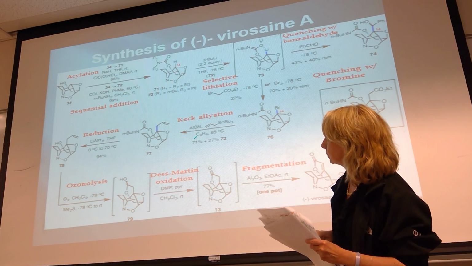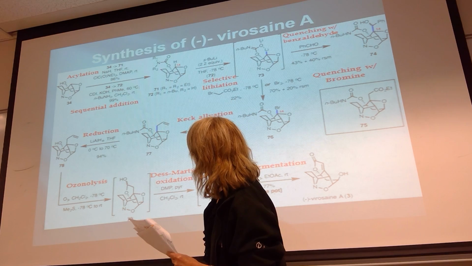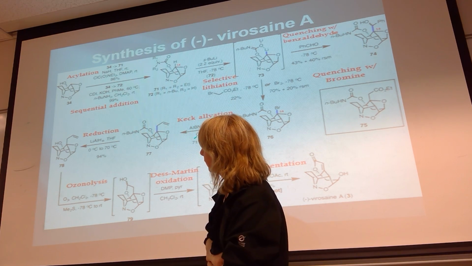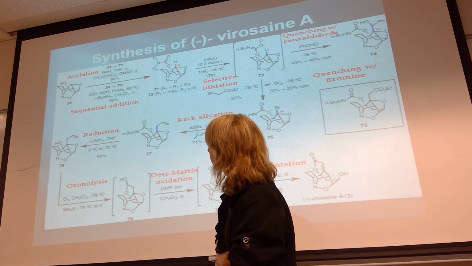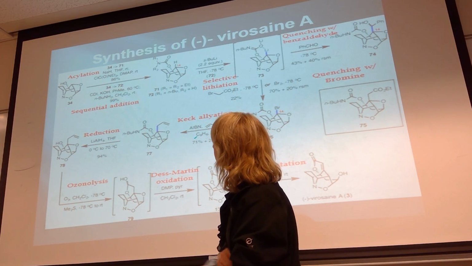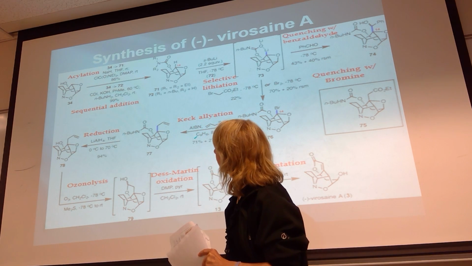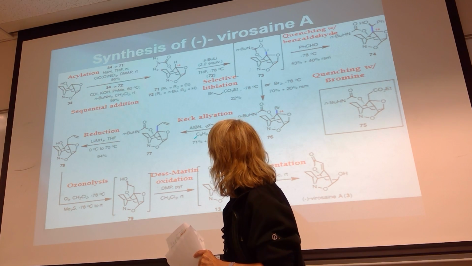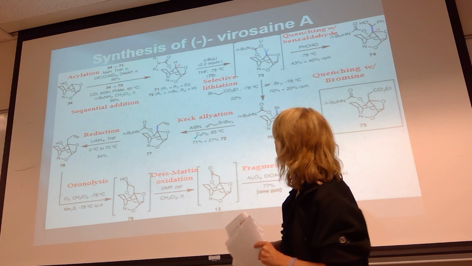So the synthesis involved ultimately an acylation followed by sequential addition. The acylation was for a tertiary carbonate and the sequential addition for a secondary. They needed to depend upon ultimately selective lithiation.